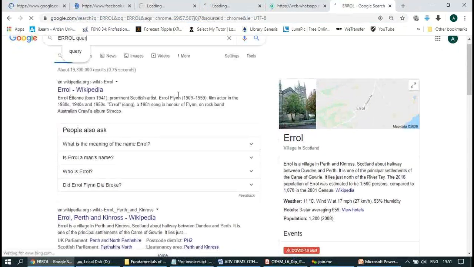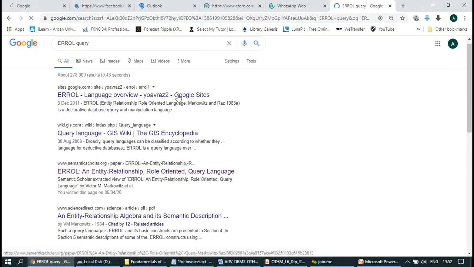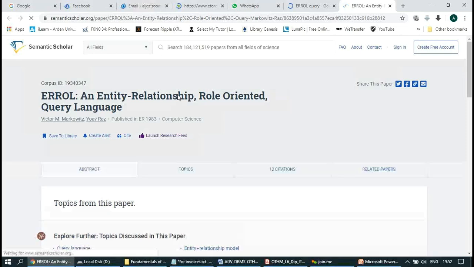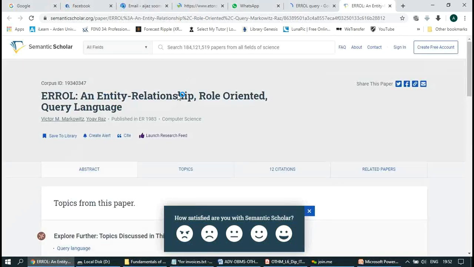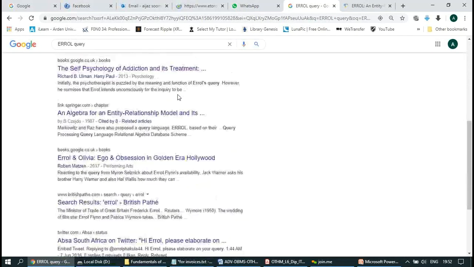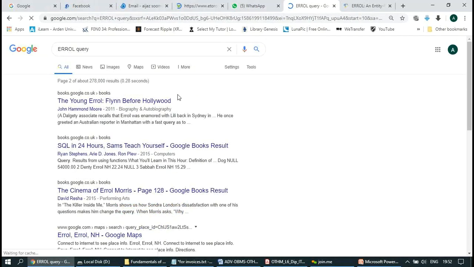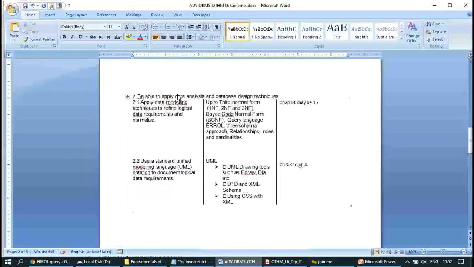Let me show you one thing: entity relationship role oriented query language. Whoever has designed this module has randomly, just forcefully, put this topic in, isn't it? You understand this?